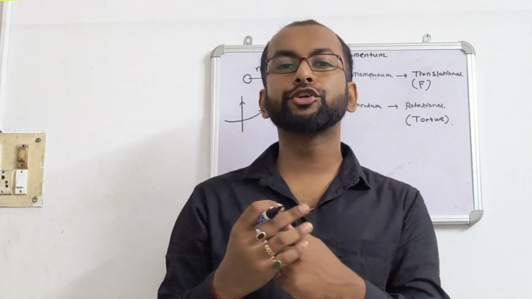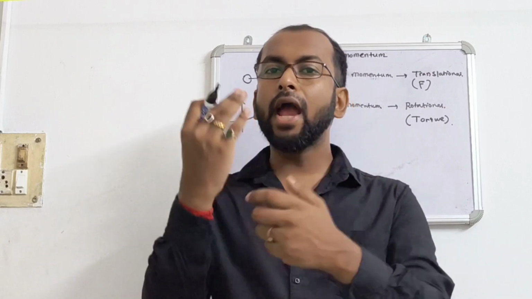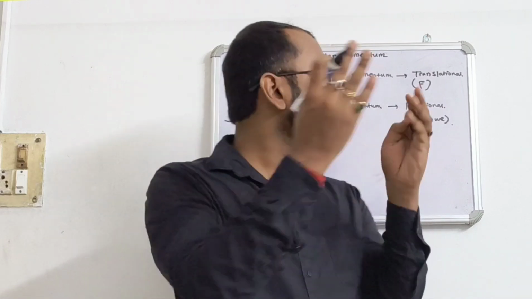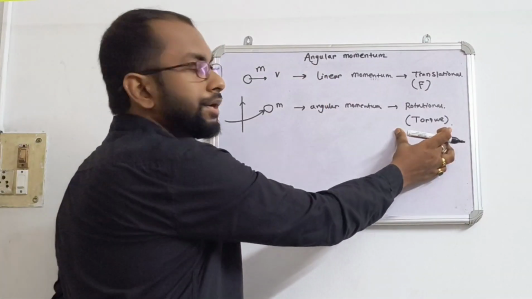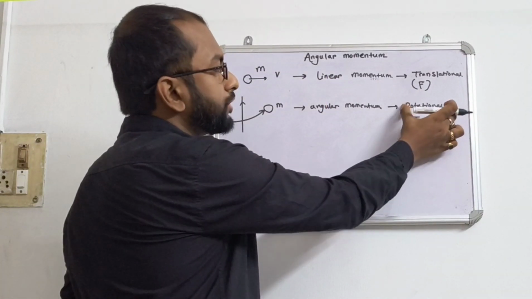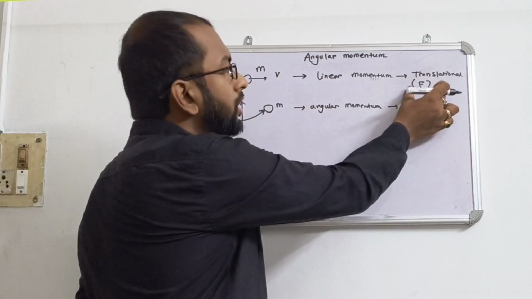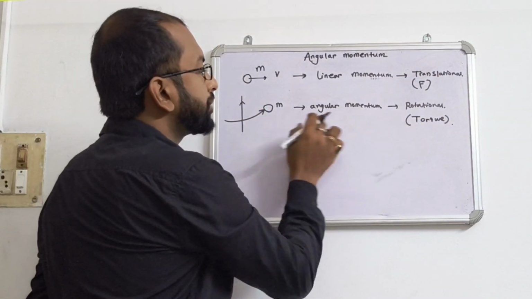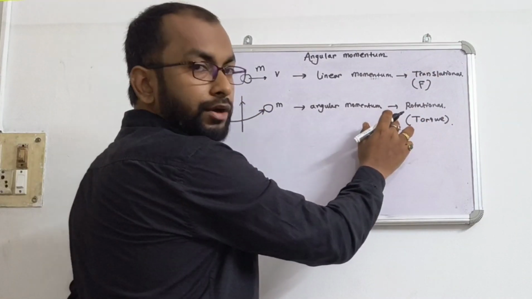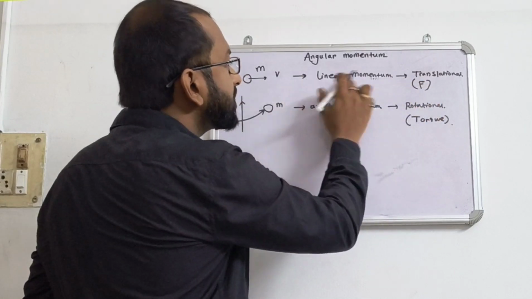So in the case of rotational motion, when angular momentum changes, torque is associated with it. Torque is the quantity associated with rotational motion and force with translational motion. And torque changes the angular momentum of the body, and force changes the linear momentum of the body.